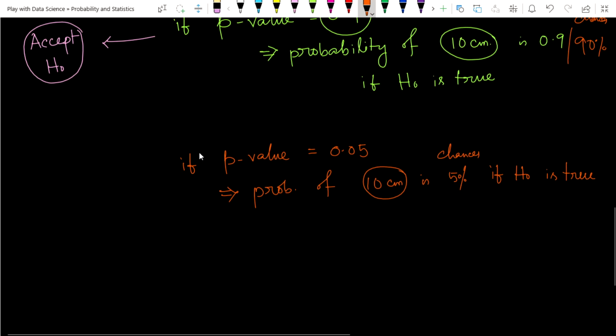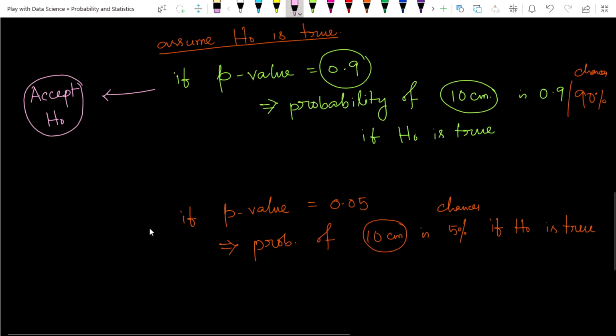What result can we conclude here? In such cases the probability value is very low. So in such cases we reject the null hypothesis, because we assumed that the null hypothesis is true.